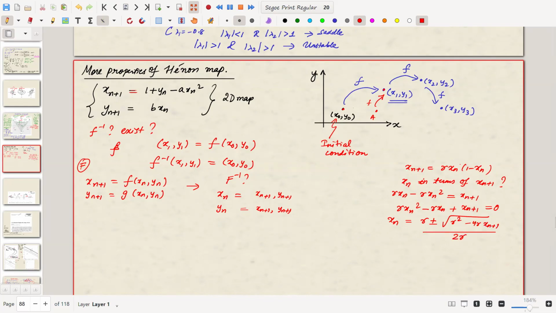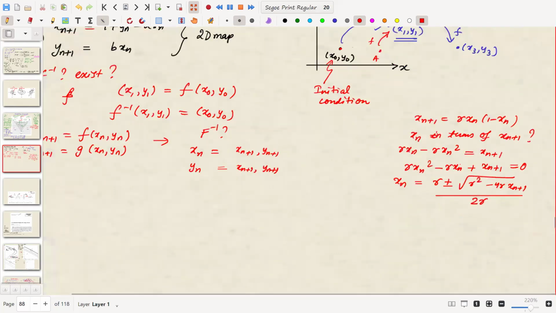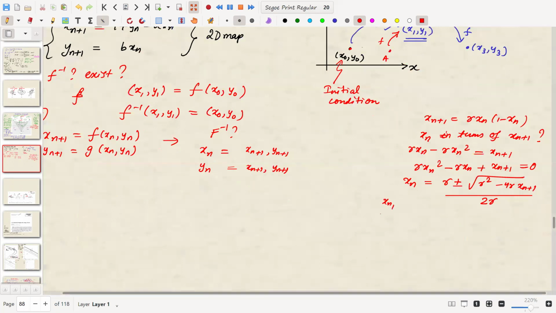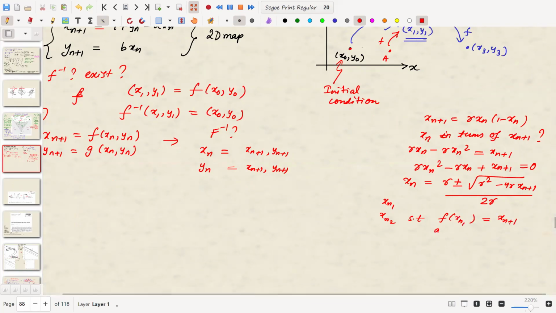So you got two x_n points which map to one single x_{n+1}, isn't it? There is x_n1 such that f of x_n1 maps to x_{n+1}. Also, there is another point x_n2 which maps to x_{n+1}. There are two points x_n1 and x_n2 which map to x_{n+1}. That is our aim, isn't it?